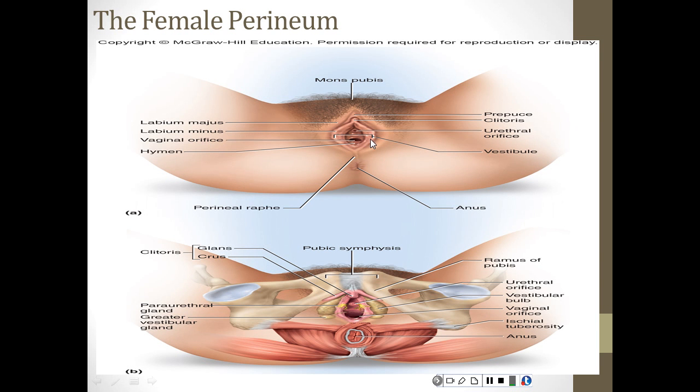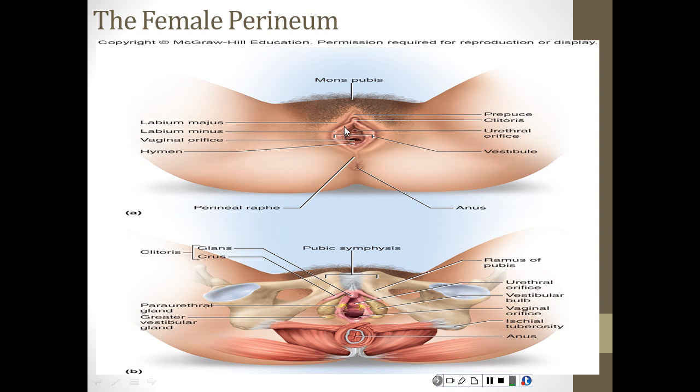And that contains the urinary and the vaginal orifice. Now, at the anterior margin of the vestibule, the labia minora is going to meet with a hood-like prepuce of the clitoris. There we go. And the clitoris is what you find in here.